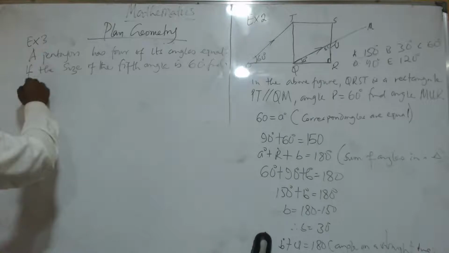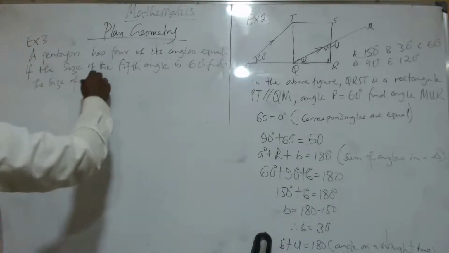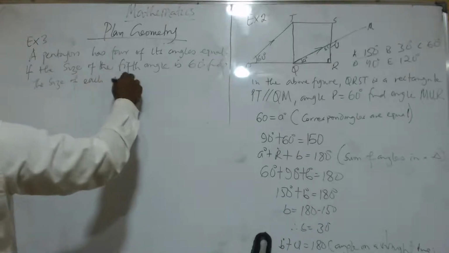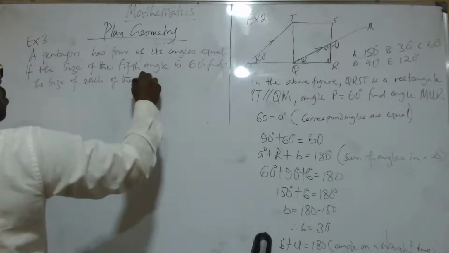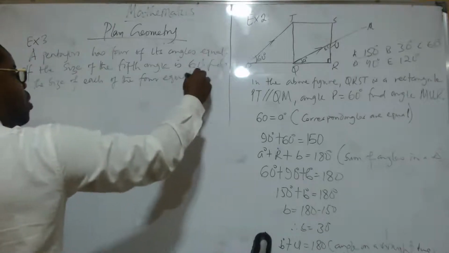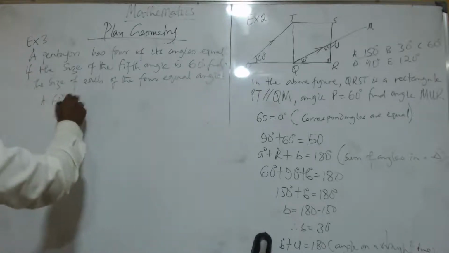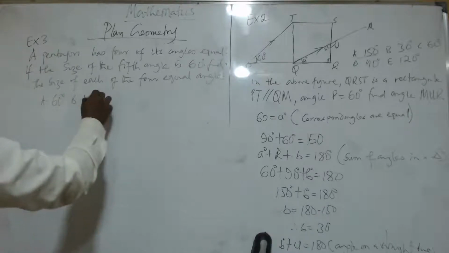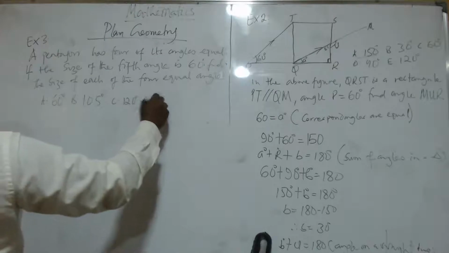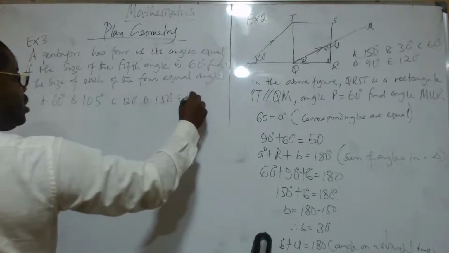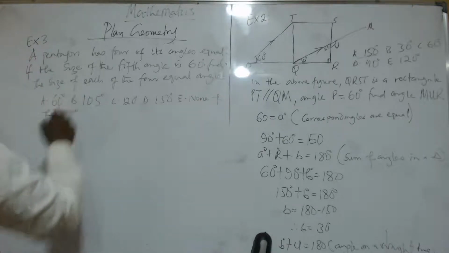Find the size of each of the 4 equal angles. We have A, 60; B, 105 degrees; C, 120 degrees; D, 150 degrees; E, none of the above.